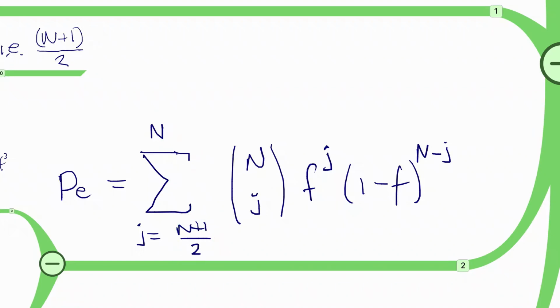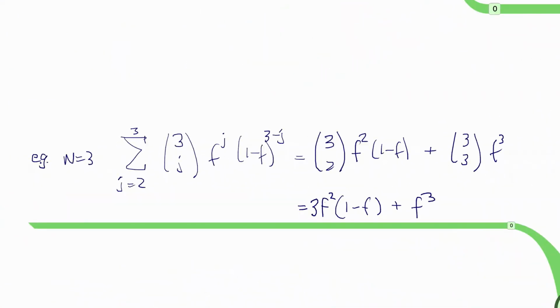And for each of those cases, we have to have j symbols being flipped and n minus j symbols remaining unchanged. And then we count up all the cases where that can occur, which will happen n choose j times. So in the case where n equals 3, it reduces down to this expression, and we'll have 3 choose 2 times 2 bits are flipped, and 3 choose 3 times where all 3 bits are flipped, which leads to the expression that we had earlier.